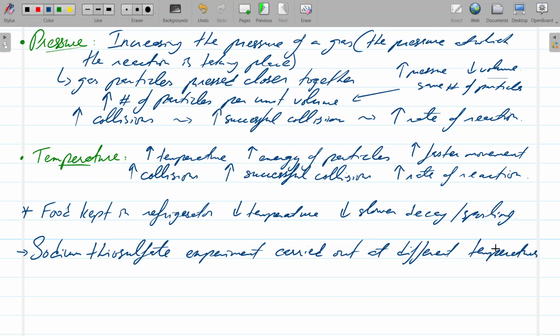Right, all the way from, let's say, 25 degrees till 60 degrees centigrade, right? And as you would expect, the hypothesis would be that, right, so the prediction would be that the reaction would occur much faster at higher temperatures.